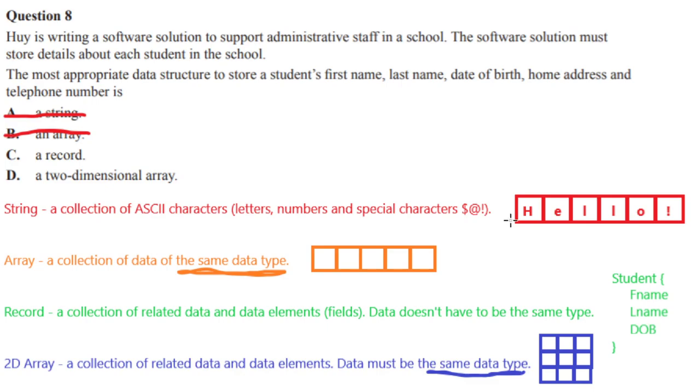We've got students, a student could be our object, and we're storing related data for that student. And the good thing about records is that the data doesn't have to be of the same type. So first name would be a string, last name probably stored as a string, date of birth you might store as a string, it could be a number, could be a date data type as well.